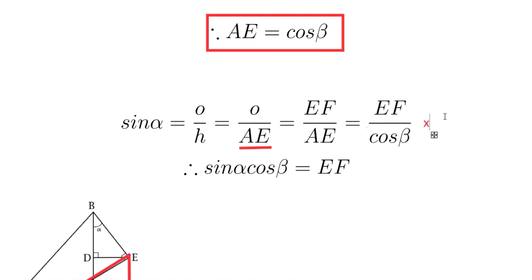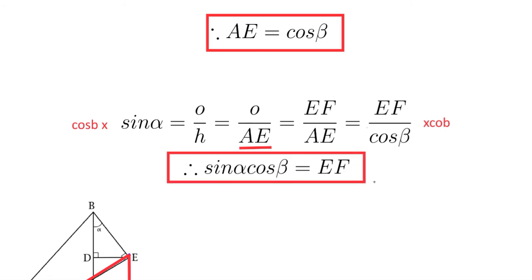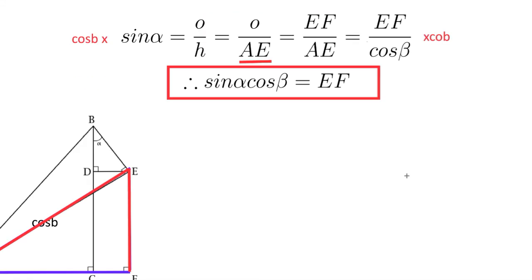I can multiply the right hand side by cos beta there, and the left hand side by cos beta here, and this will cancel to make 1, leaving just EF as I've got here. Then I'd have cos beta times sine alpha, or the equivalent, sine alpha cos beta, if you wanted to put the alpha and beta in alphabetical order, or whatever way you wish. We now have a new rule, which is that sine alpha times cos beta is EF.